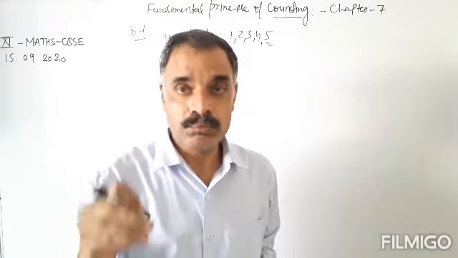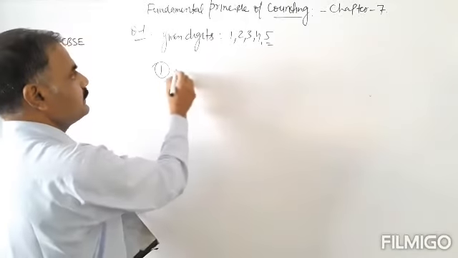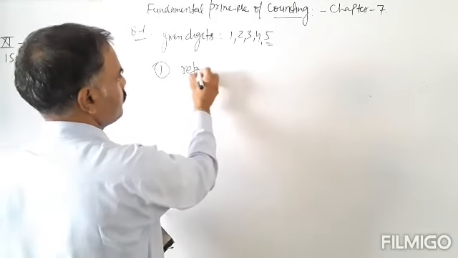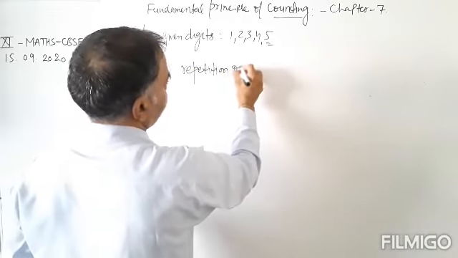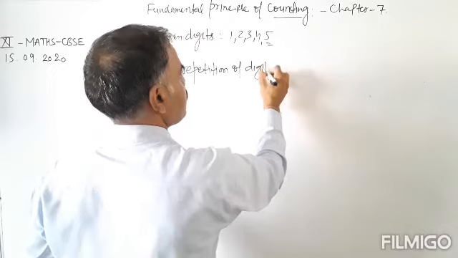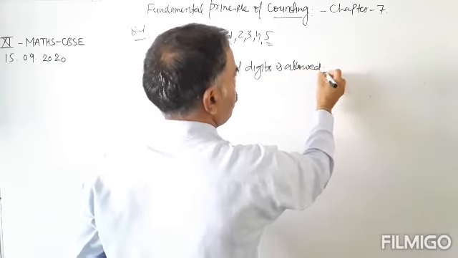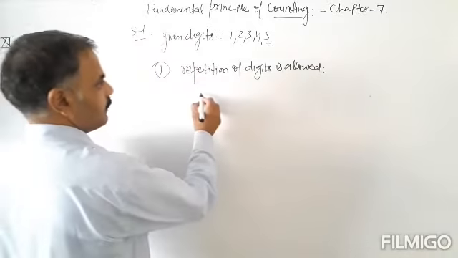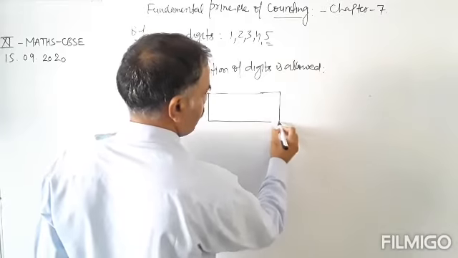The question is to form the three-digit number when the first condition is that repetition of digits is allowed. So how to form it? Let us take the help of the fundamental principle of counting.